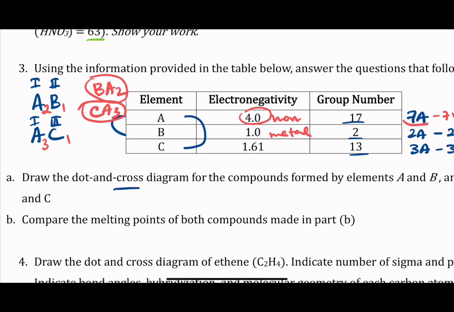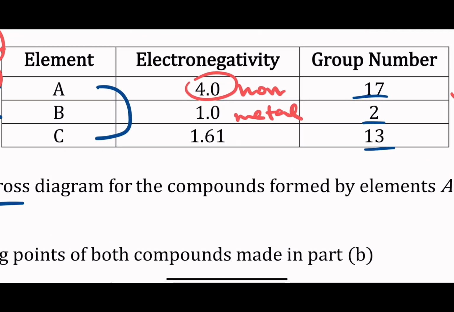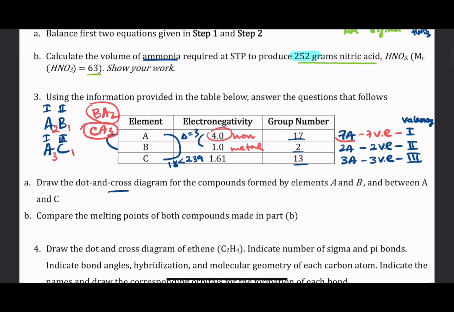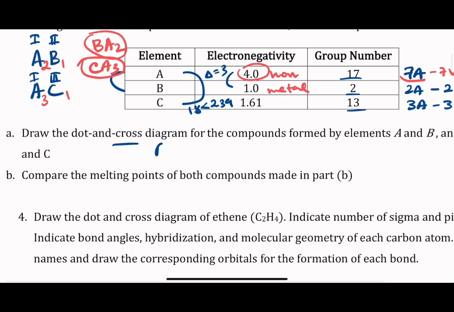And we know from the electronegativity difference that between A and B it is 3, while with A and C it is also more than 1.8. It is 2.39, more than 1.8, so they are both ionically bonded compounds. So I'm gonna write here BA2 and then CA3.